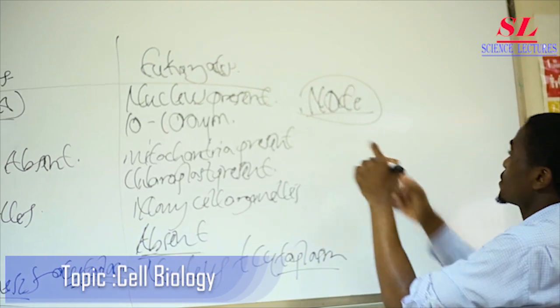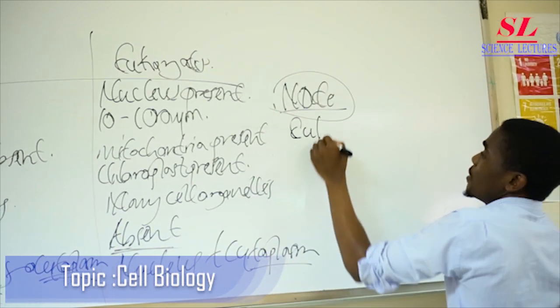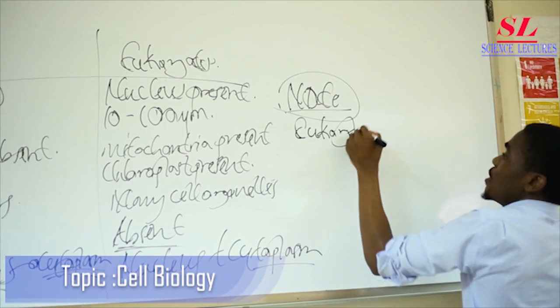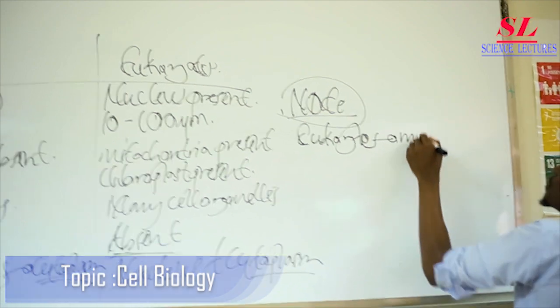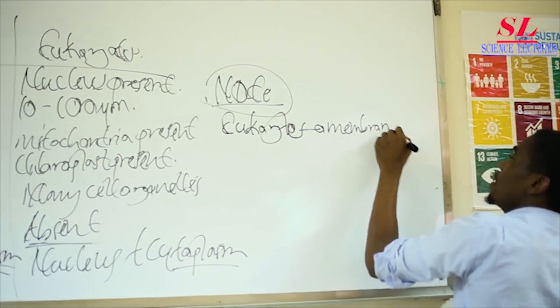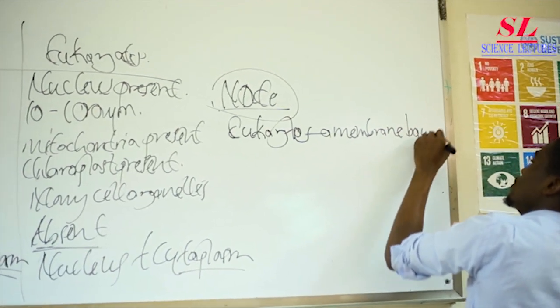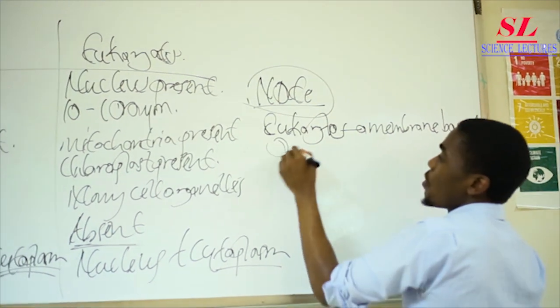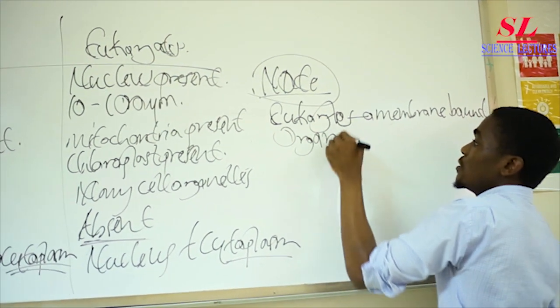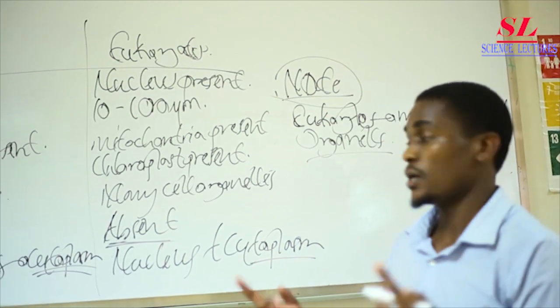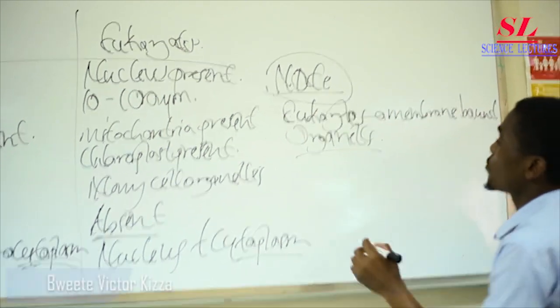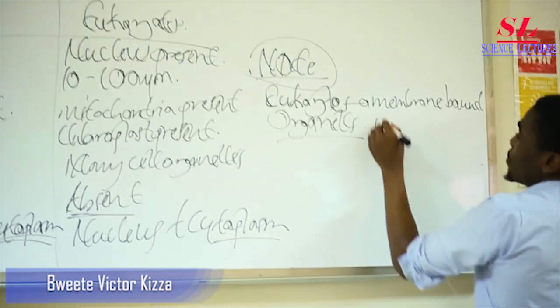that the eukaryotes possess what we call the membrane-bound organelles. Membrane-bound organelles. So these are organelles that are covered by a double membrane. Examples, we can talk of the nucleus.